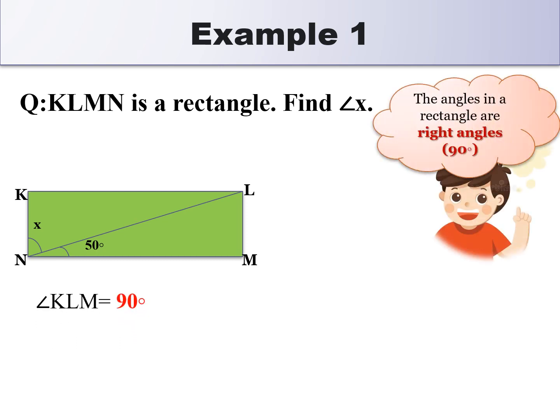As we know that the angles in a rectangle are right angles equal to 90 degrees, angle KLM is equal to 90 degrees. The angle X would be 90 degrees minus 50 degrees. When we subtract 50 from 90, we get 40. In this way, we can say that angle X is equal to 40 degrees.